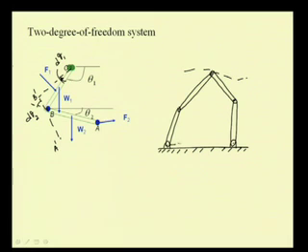In this case, if this is one input link, I say theta 1, these links lengths are fixed and this is L5, this is also fixed both in orientation as well as length.